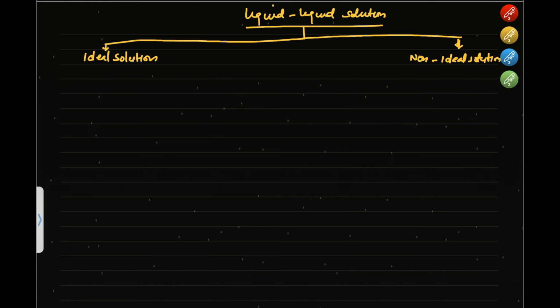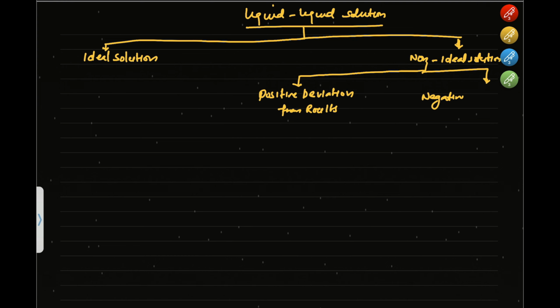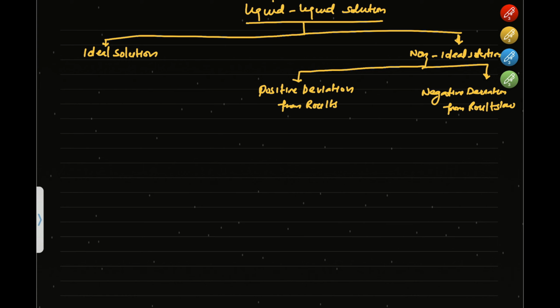Non-ideal solution is further divided into positive deviation from Raoult's law, or negative deviation from Raoult's law. Okay, now we will discuss the differences between these three types of solution.